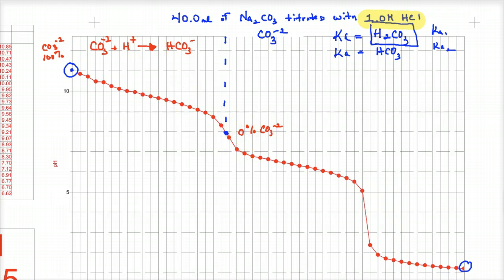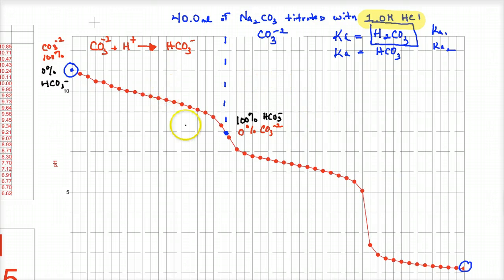Now we have 0% of the conjugate base, HCO3 negative, and at this point, the equivalence point, we have 100% of the conjugate base. No problem there.